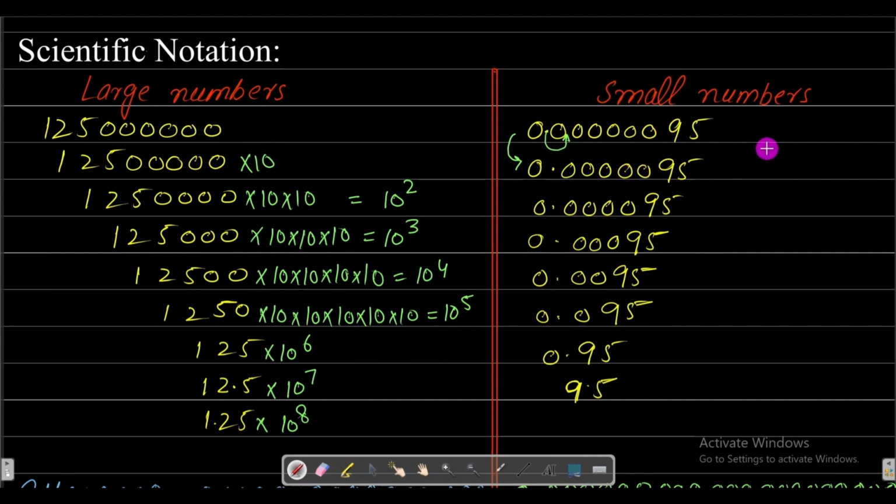Now the problem here is that, okay, we reduce the size of this number by multiplication of 10, but now there is a difference in the magnitude of this and this. So what we will do here is that we will divide this number by 10. We will write here the division by 10.